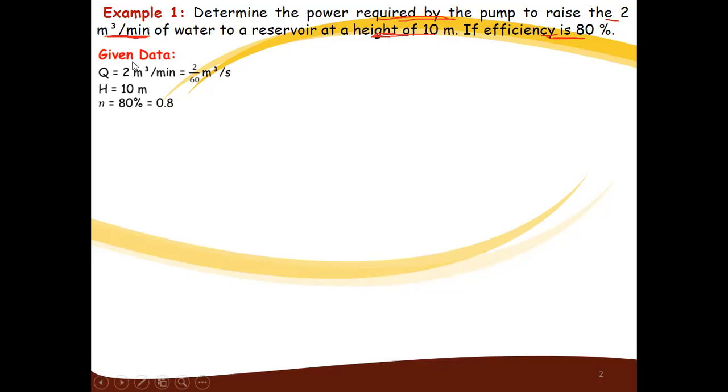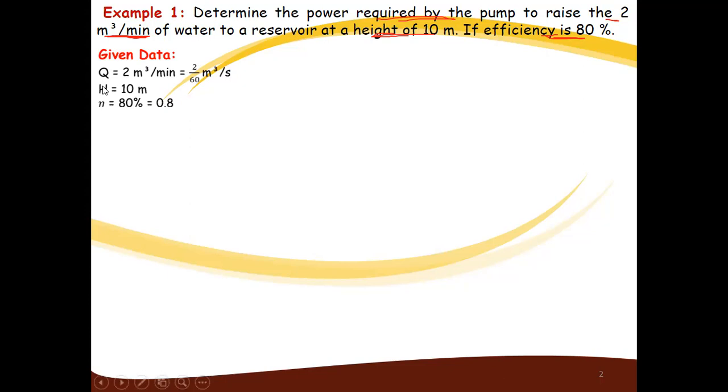Now, in any problem of turbine or pump, you have to convert this Q to meter cube per second. So we have to convert this unit meter cube per minute to meter cube per second. So we have to divide by 60 to convert minute into second. So 2 divided by 60 meter cube per second. So it is the capacity of the pump.